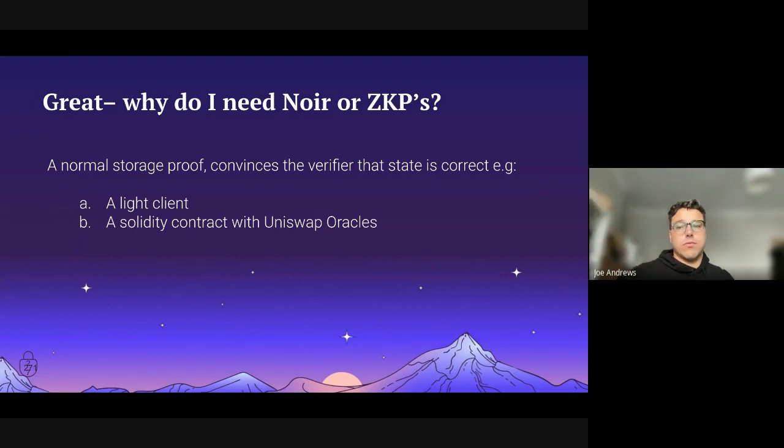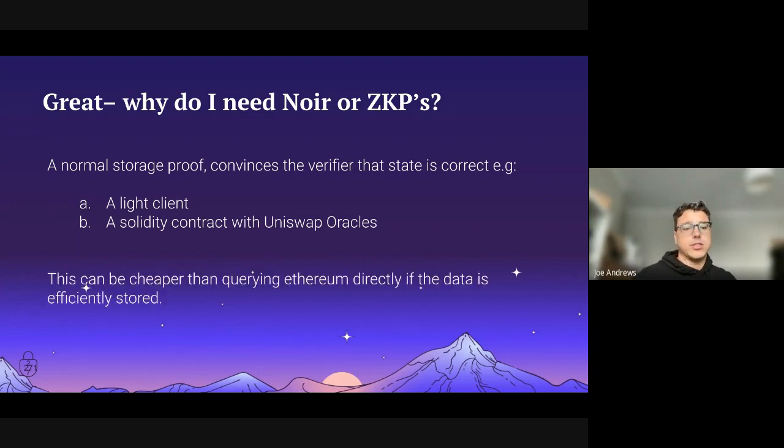So you do a lot of read requests in a storage proof. There's some interesting research on Uniswap TWAP oracles that use this mentality. You can prove the price of ETH and DAI is between a certain range for the last 100 blocks to get a very accurate representation of the price.